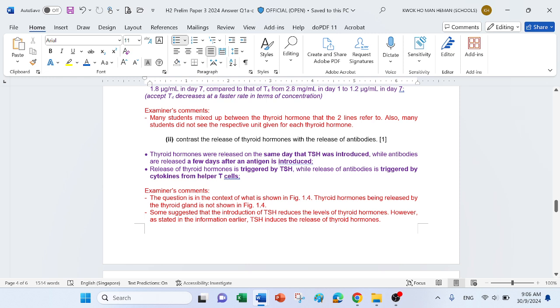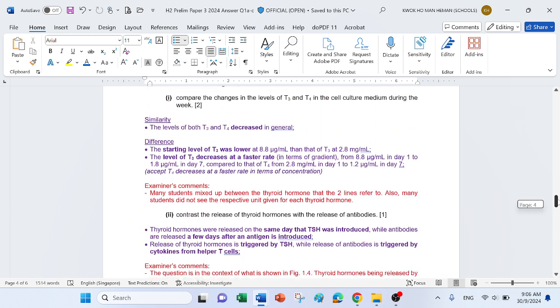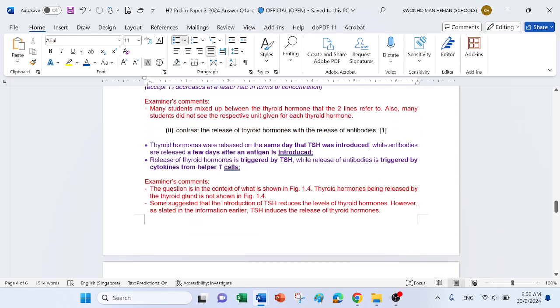So the trigger is by TSH for the thyroid hormones as shown in figure 1.4, and for the antibodies, the trigger is by cytokines from the helper T cells. Make sure the contrast is of the correct feature.